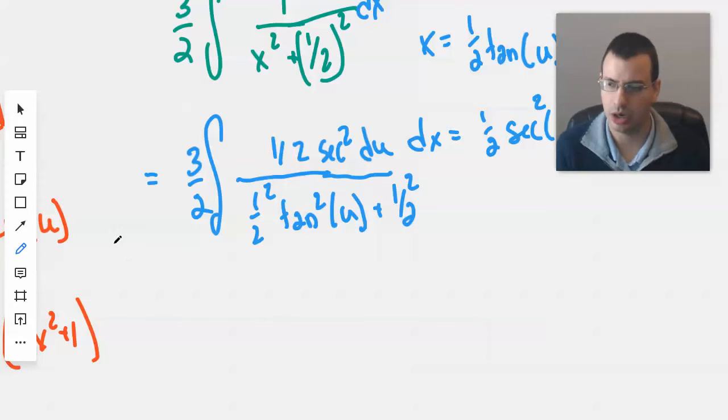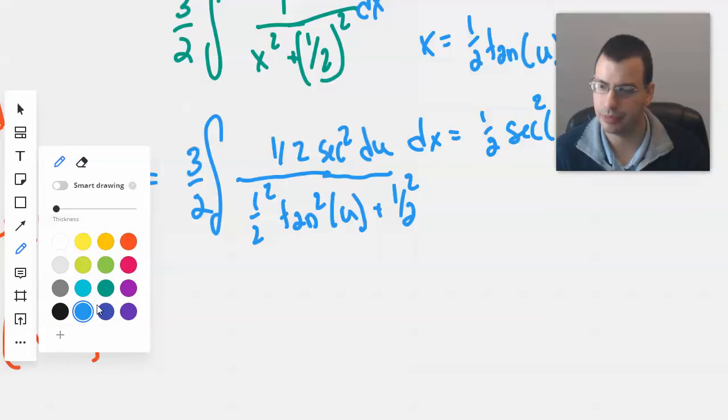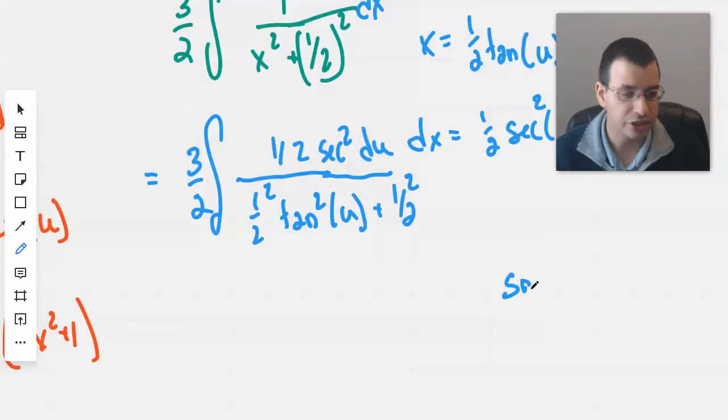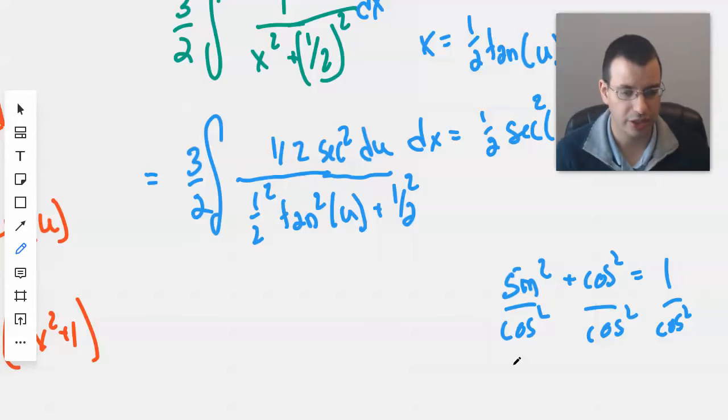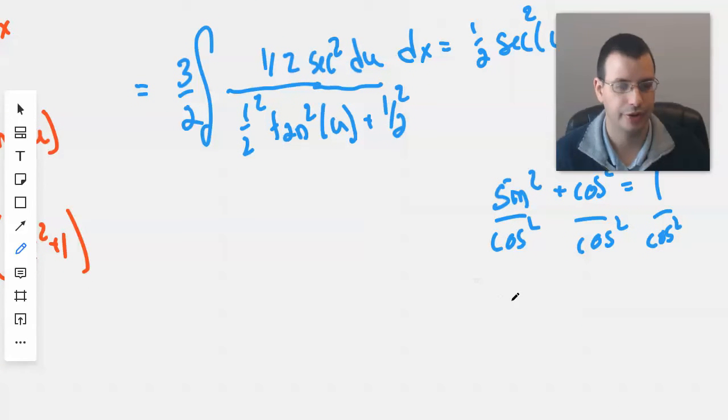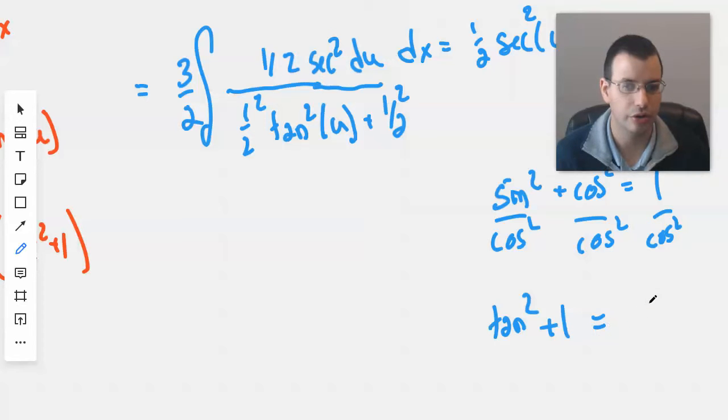So now we look to our Pythagorean theorem. Let's stick with blue. Sine squared plus cosine squared equals 1. I left off the thetas just for convenience. If we divide everything by cosine squared, we get tangent squared plus 1 equals secant squared.